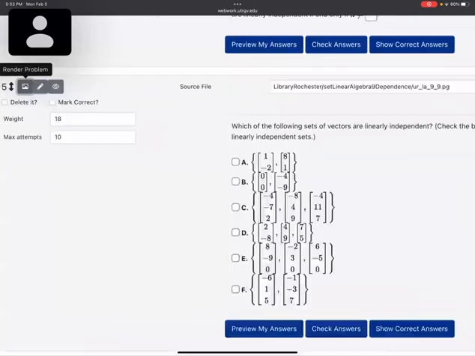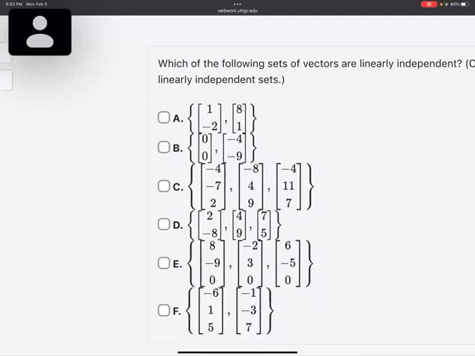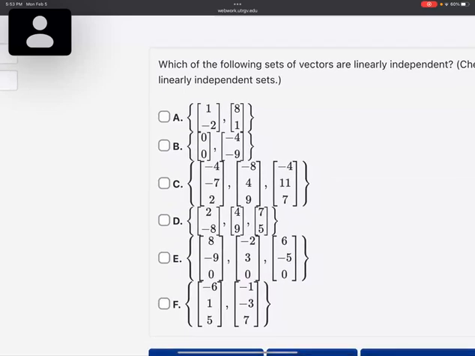I mean, letter B is dependent. Okay. Because, for example, you can put 5, 0, 0, and then plus 0 times minus 4, minus 9. That will give you the sum 0. So at least the first coefficient is not going to be 0. So B is linearly dependent.